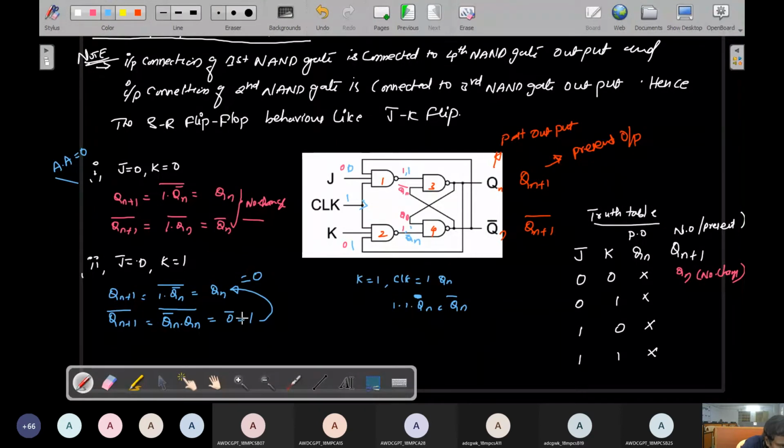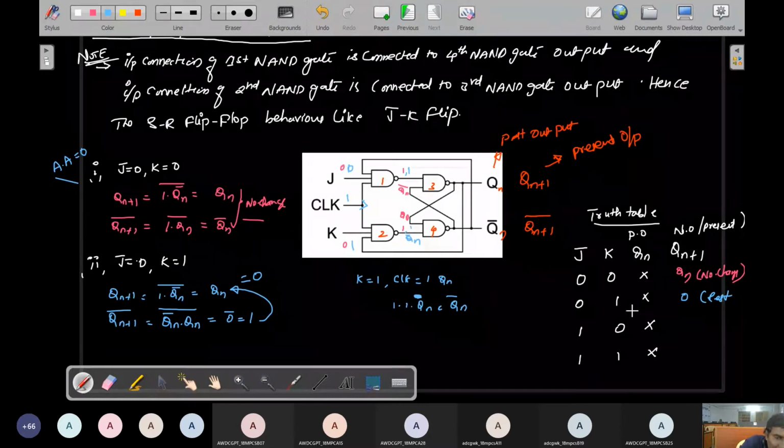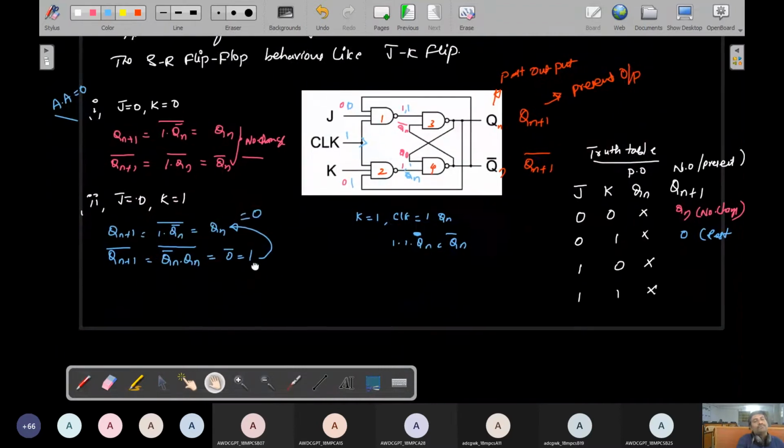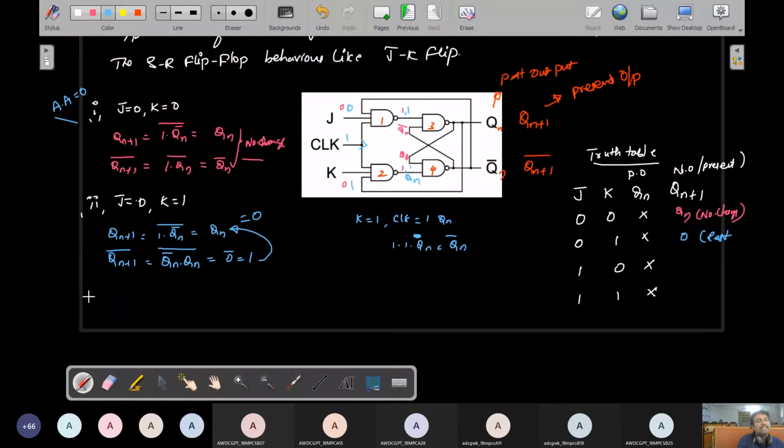Because the complementary port is 1, the normal port is equal to 0. So now this is 0, this is called a reset condition. Understand what I'm saying? Now I'll move to the third case. See, case 3.